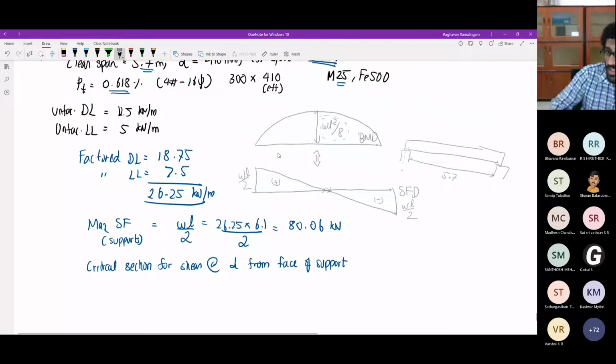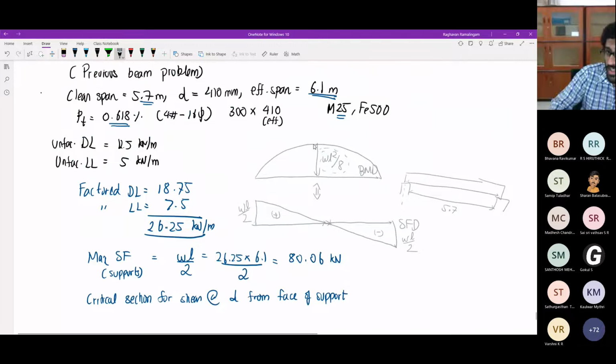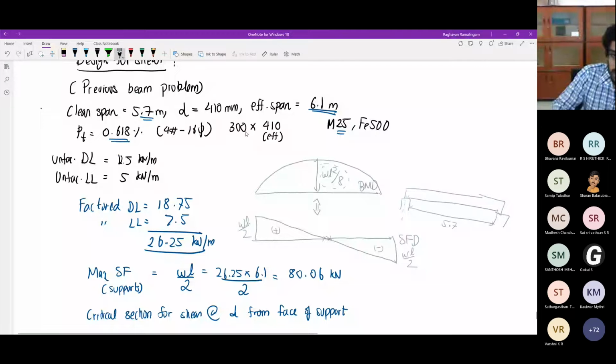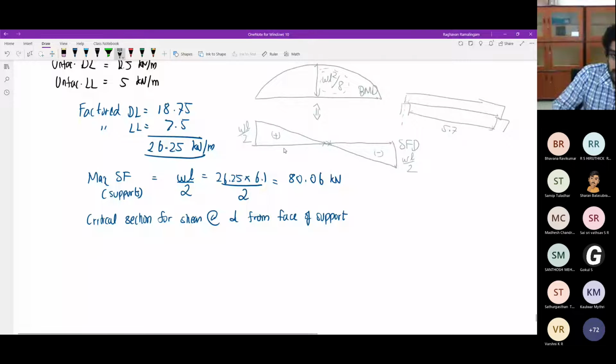The face of the support is here. 6.1 meters is the effective span. Face of the support, 300 mm width. I'll write bigger.